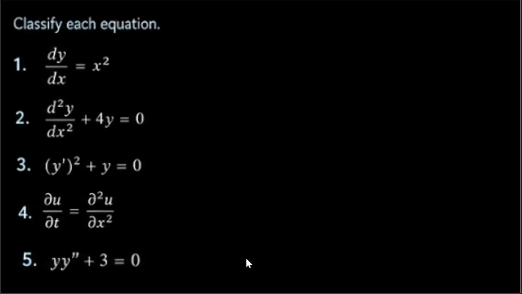Okay, so we need to classify each equation. Classify meaning we need to find the type, the order, and whether it is linear or nonlinear. The first one is dy/dx. This is a first order derivative, with d over dx, so this is an ODE, or ordinary differential equation.